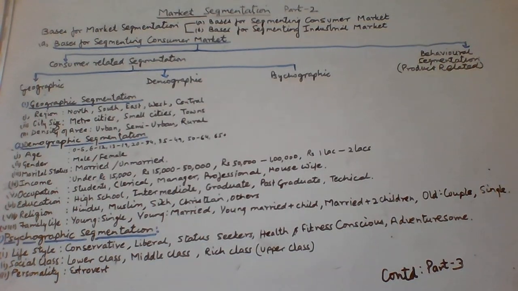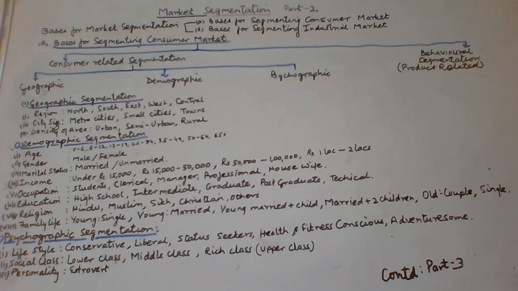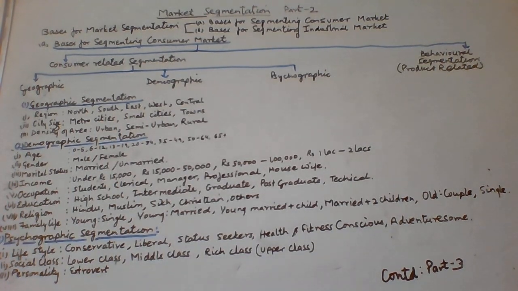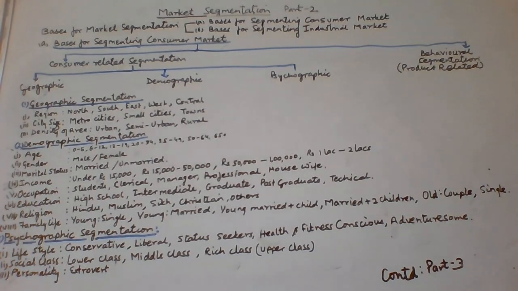Now, personality: a person may be an introvert or an extrovert, and marketers have also used personality variables to segment the market. Many successful market segmentation strategies based on personality have been used for such products.